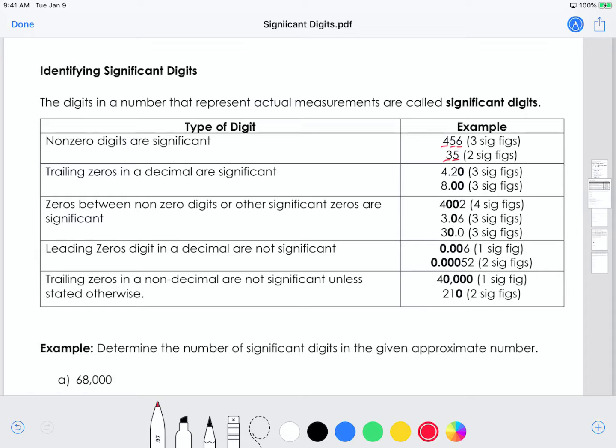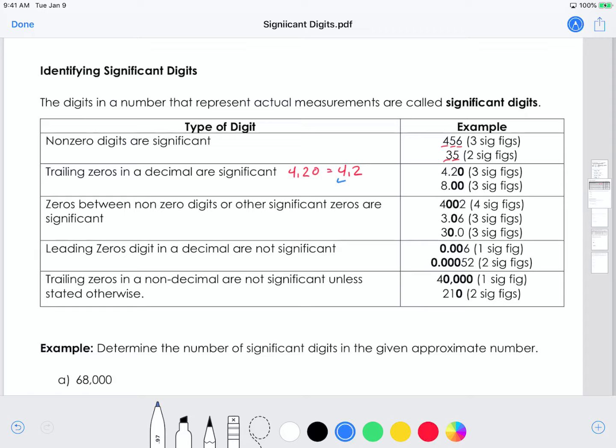So for example, 4.20 is equivalent to 4.2. But when it comes to the accuracy, by putting that zero on the end, that tells me that when it was rounded, the number to the right of the zero had to have been 4 or less.